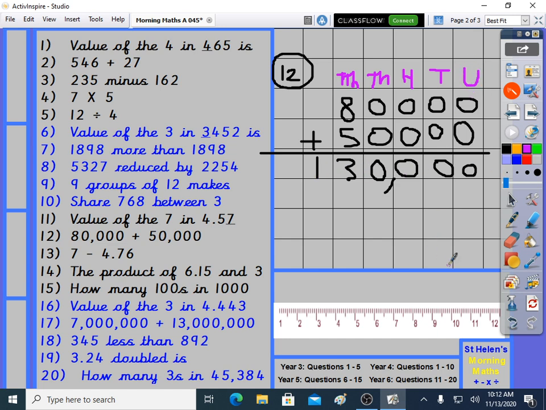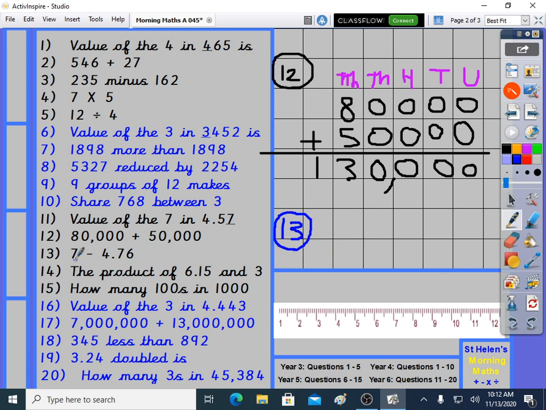I know some of those sound weird and strange, but just wanted you to hear it. Sometimes you get questions like, how many hundreds is this number? So you go up to the hundreds column, it's actually 1,300 hundreds. An unusual question, but it's good to know different ways of saying the number.